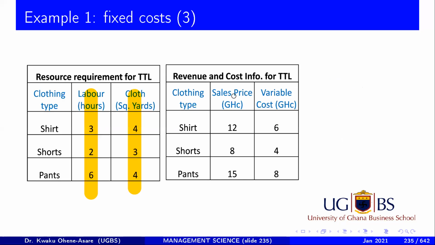So when you go to the revenue section, you have the sales price, and then you also have the variable cost. You can see that the sales price depends on the level of production, and the variable cost also depends on the level of production. That is the cost you incur for producing more or less.